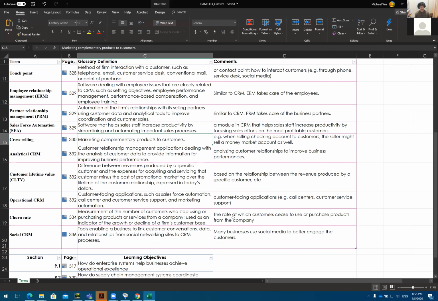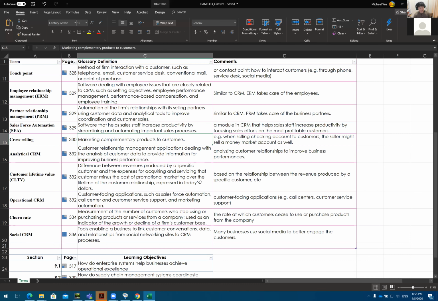Social CRM is using social media to get closer to customers, and customers can, for example, use Facebook to buy products, handle other transactions, and also look at other stuff.